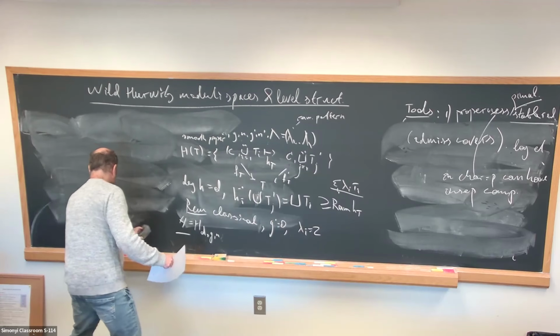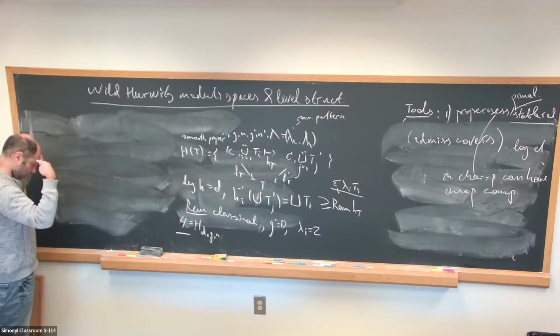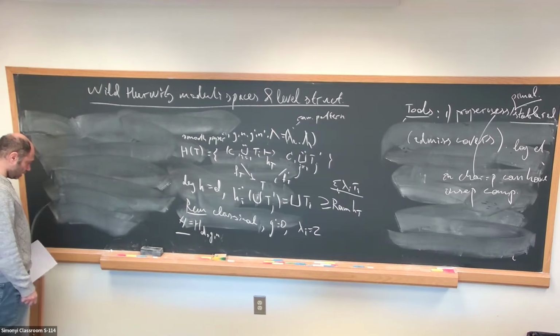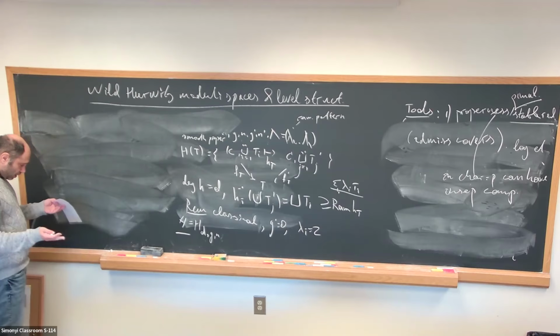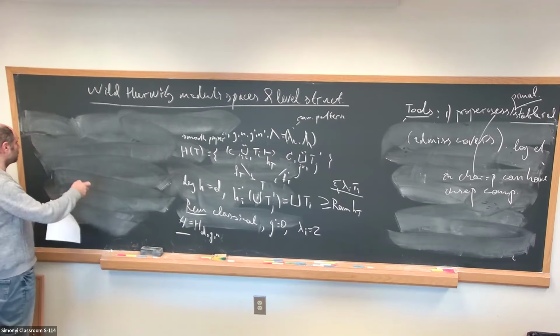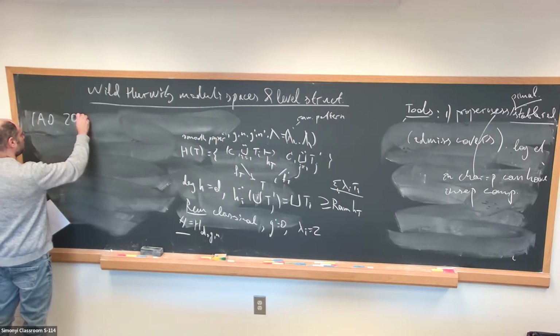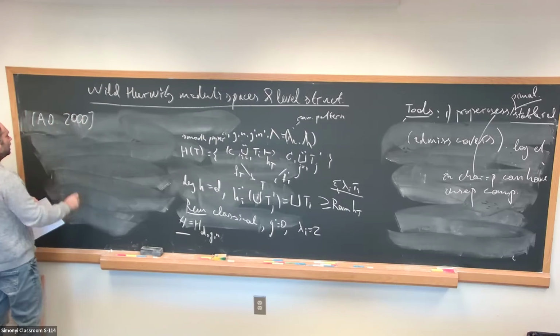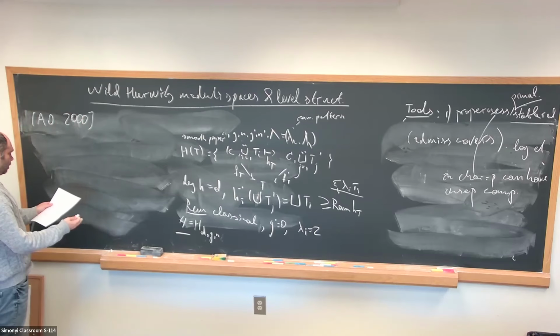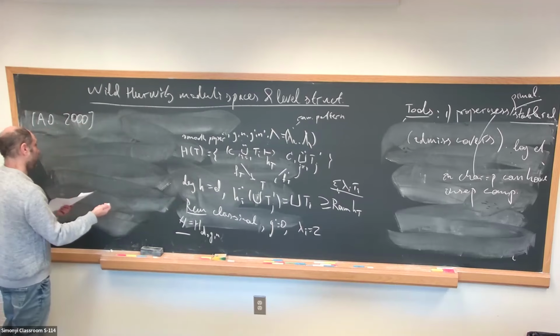So the idea of Abramovich-Oort. Relatively recently, it's very funny because I've been working with Danny for years, but about this paper, my student occasionally found it. A paper by Abramovich-Oort in 2000, I think. And we said, okay, let's try to study this question in the simplest wild case.